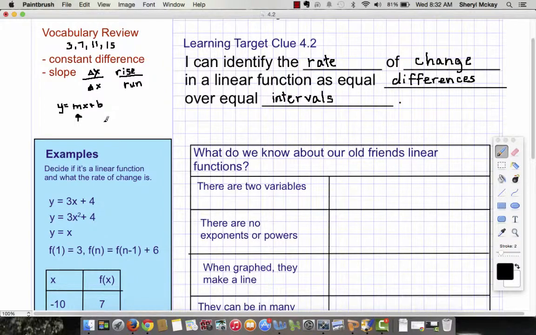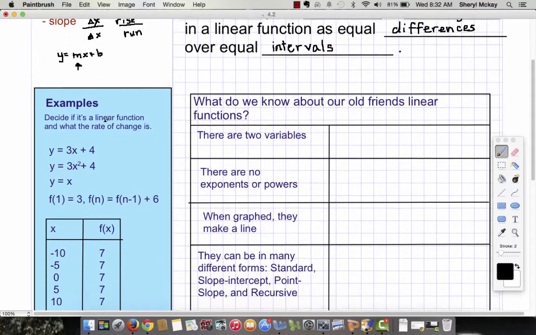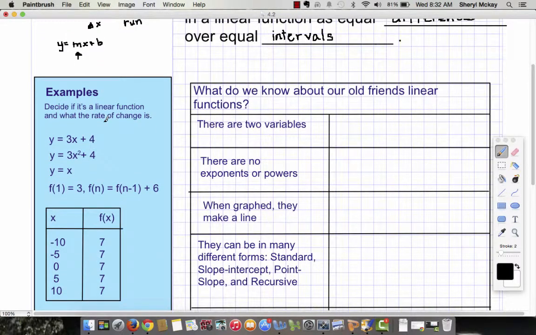Let's get started and talk about what we know about our old friends, linear functions, because we've been doing a lot with them. We call them linear equations, but they're functions, and they can be written like this: f of x, which we often say is y, it's the same thing, it's the output, the value, equals, in slope-intercept form, mx plus b.